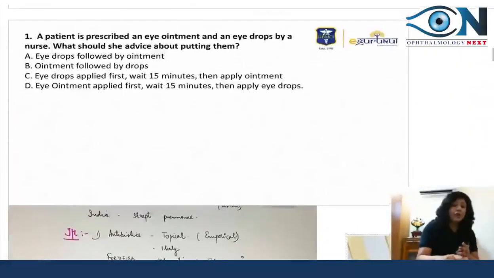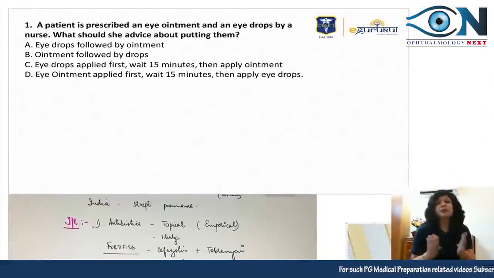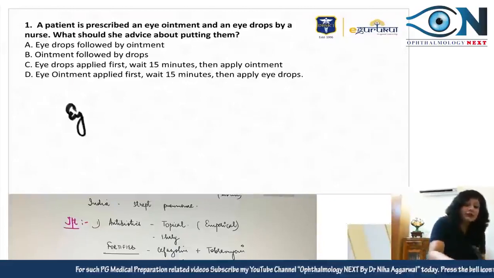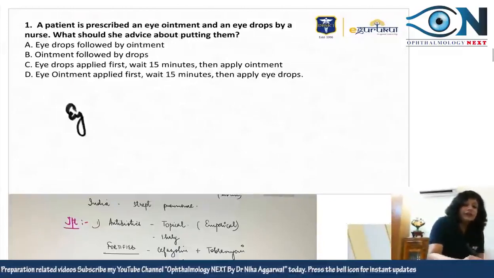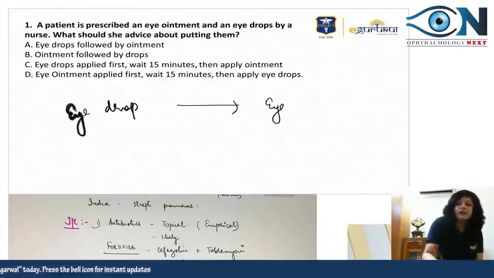Now one of the options says whether it should be simultaneous, whether the eye drop should be first or the ointment should be first. I will say that first I have to give the eye drop, and then I have to give the eye ointment.